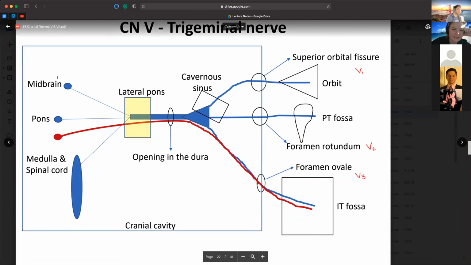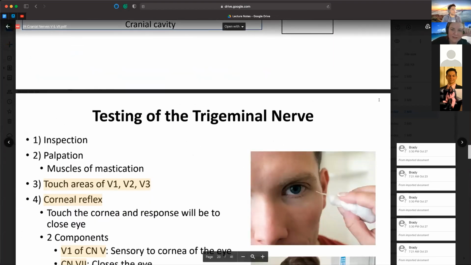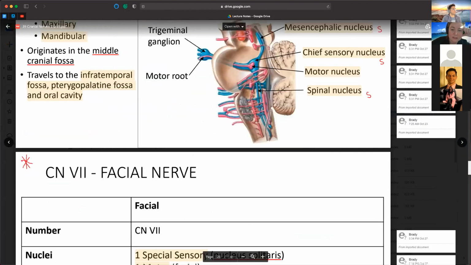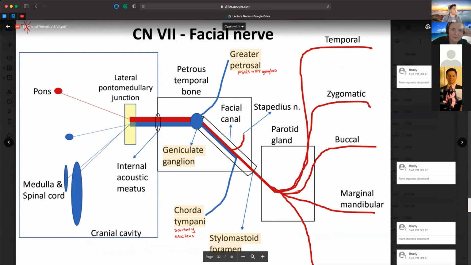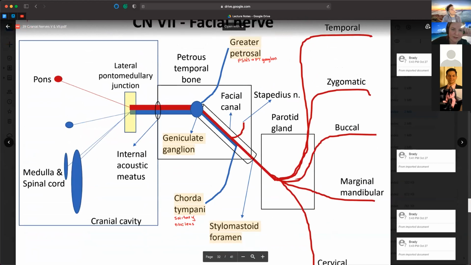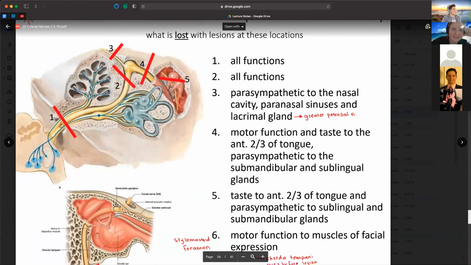Opening the foramen rotundum, that's 5. Oh, it's the facial nerve I want. Here. This one, maybe. You guys don't have the color. This. Know this. Please, please, please know this.